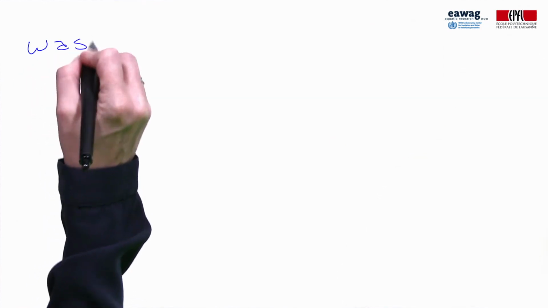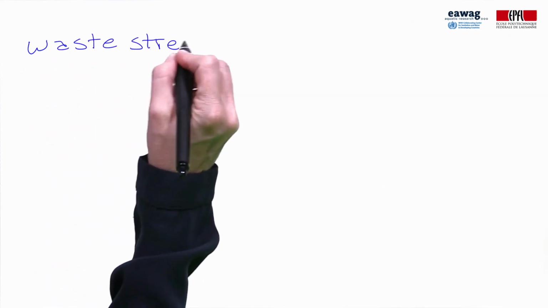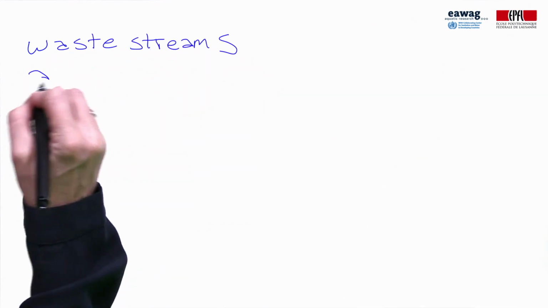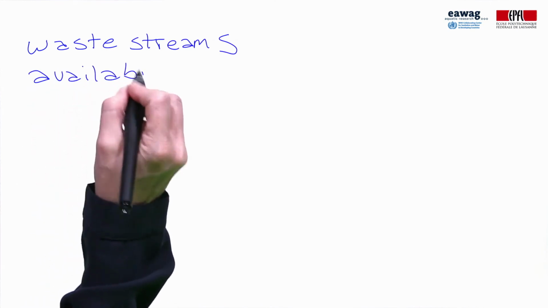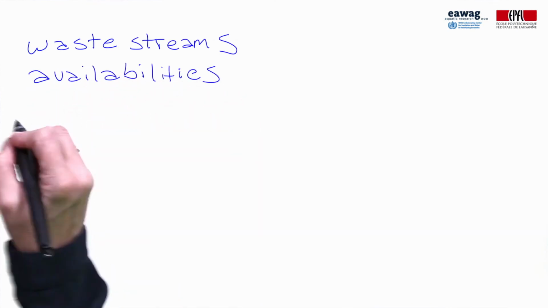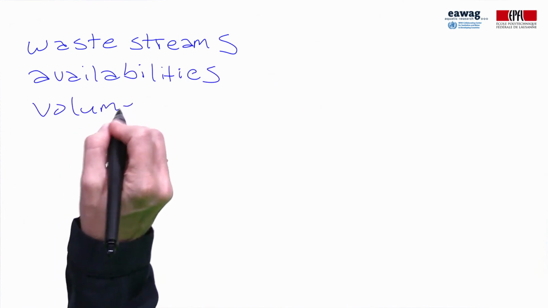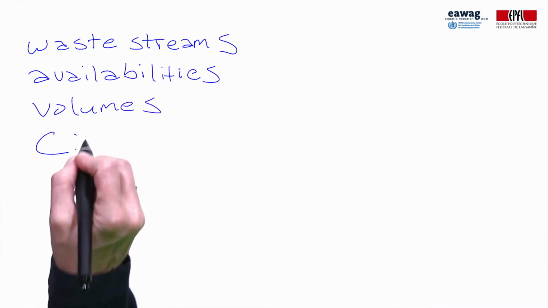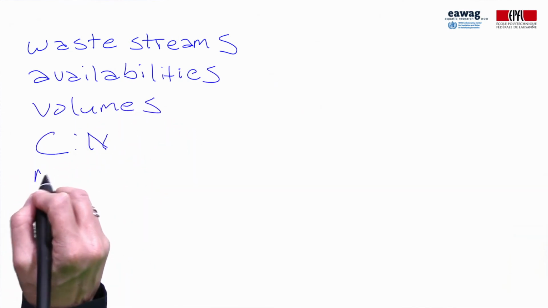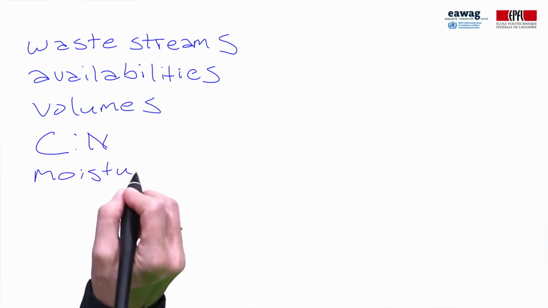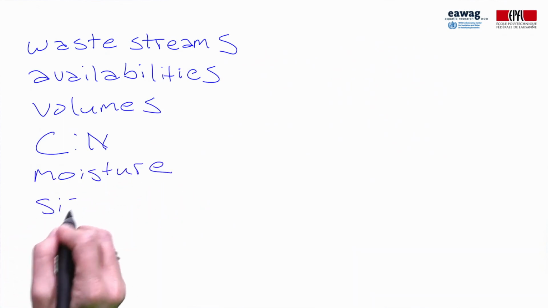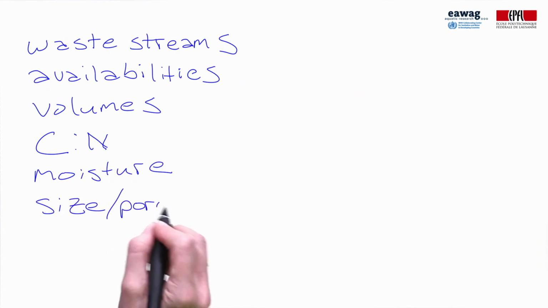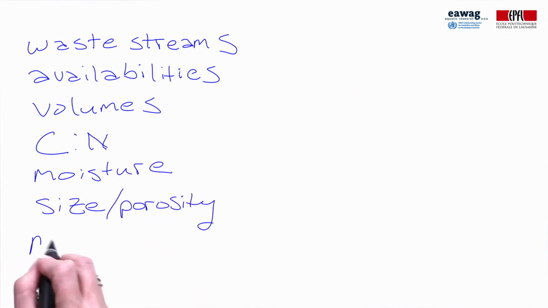In summary, variables that are required for designing a composting facility include waste streams, availabilities, total volumes, total carbon and total nitrogen, moisture, particle size and porosity, and markets.